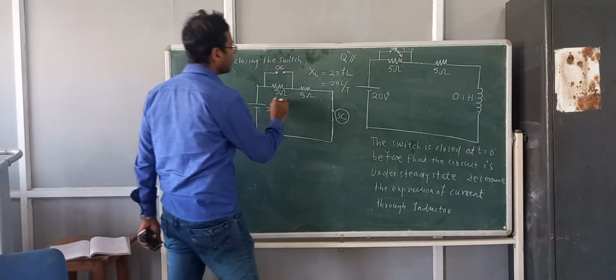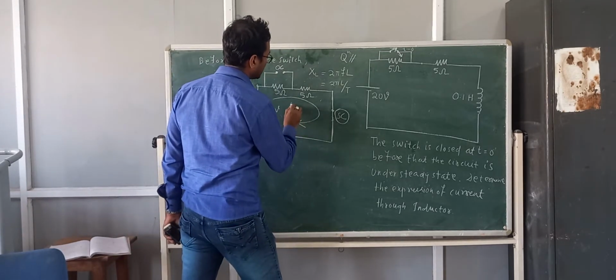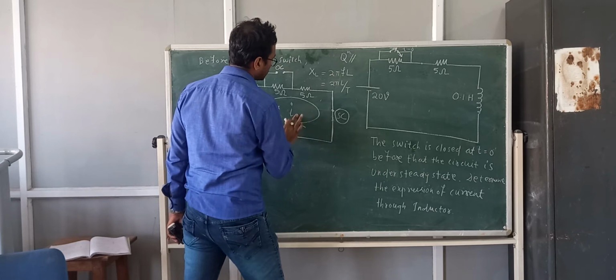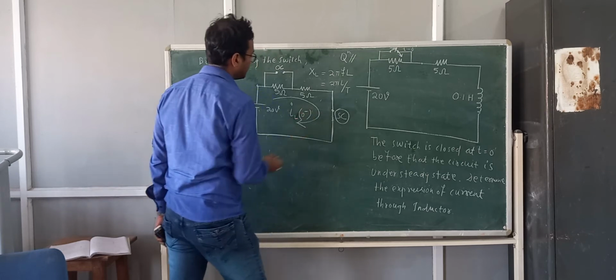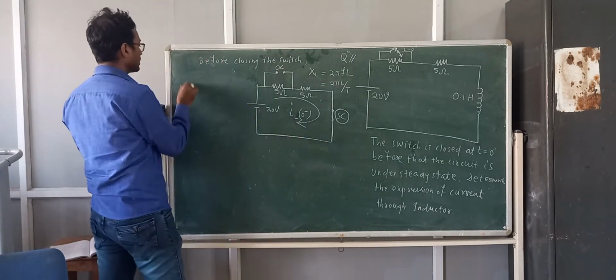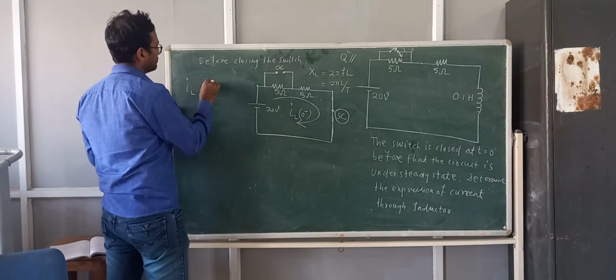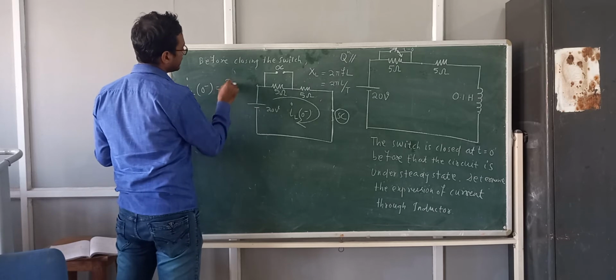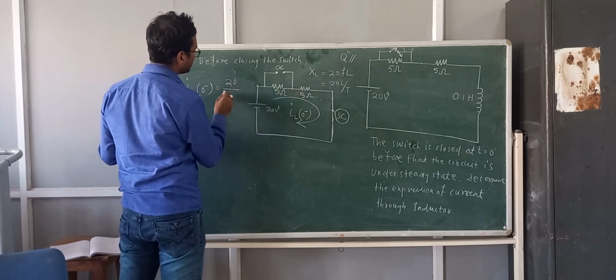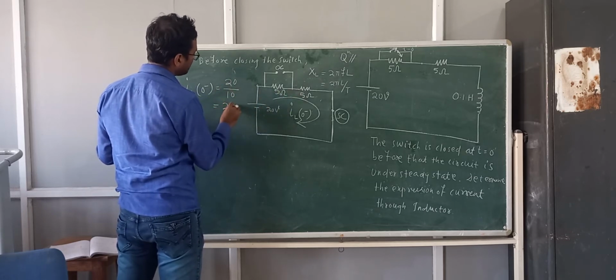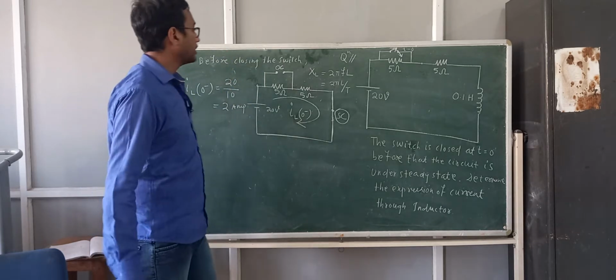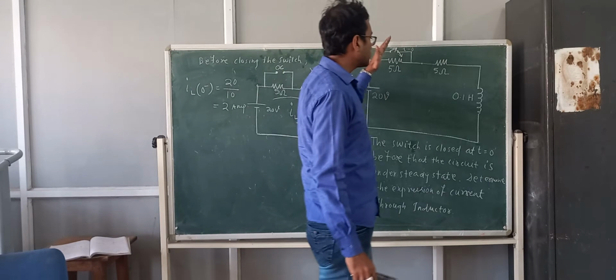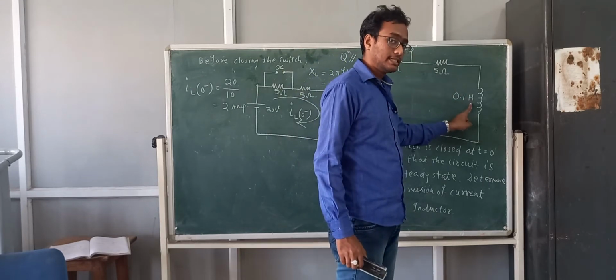So what is the current flowing here before switching? IL(0-) will be 20 divided by 5 plus 5, which equals 2 ampere. Before closing the switch, this inductor attains steady state.